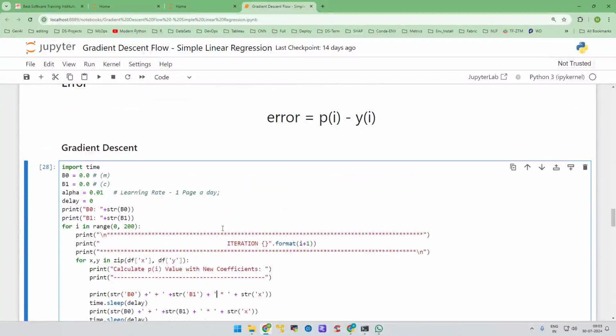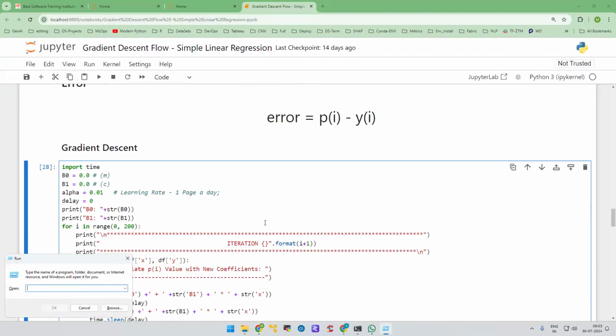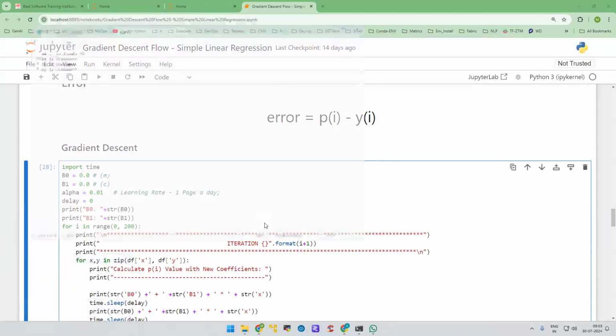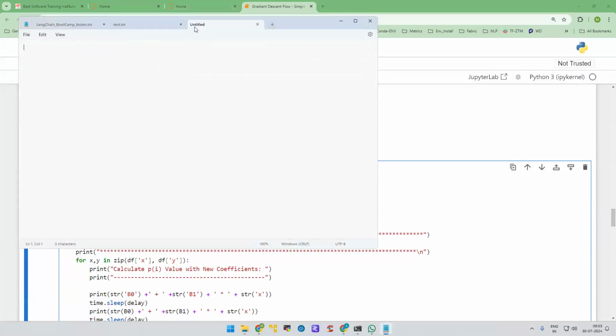gradient descent. Gradient descent is the mechanism wherein it will help us to find out the right parameters. And this data is going to assume that it's actually a simple linear regression algorithm. So basically it assumes the data is linear in nature.